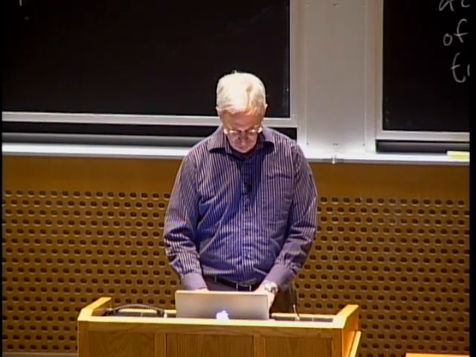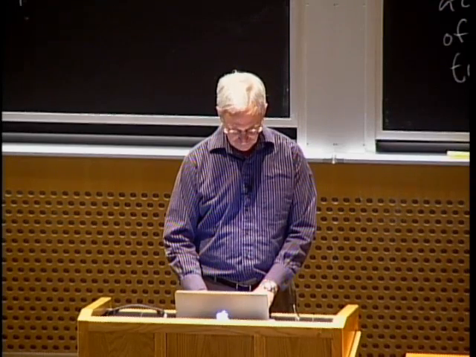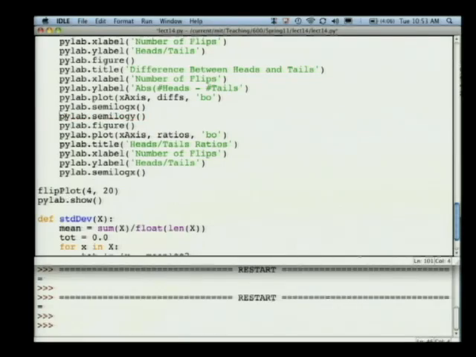I'm going to use logarithmic axes here. pylab.semilogx says make the x-axis logarithmic, pylab.semilogy the y-axis. And so in the case of the absolute difference, I'm going to make both logarithmic.